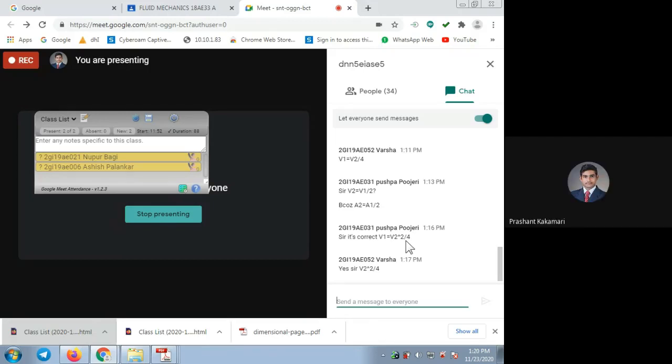V2 square by 4. Okay, then how much velocity are you getting? But from the continuity equation, if you check, it is around V1 is V2 by 4.